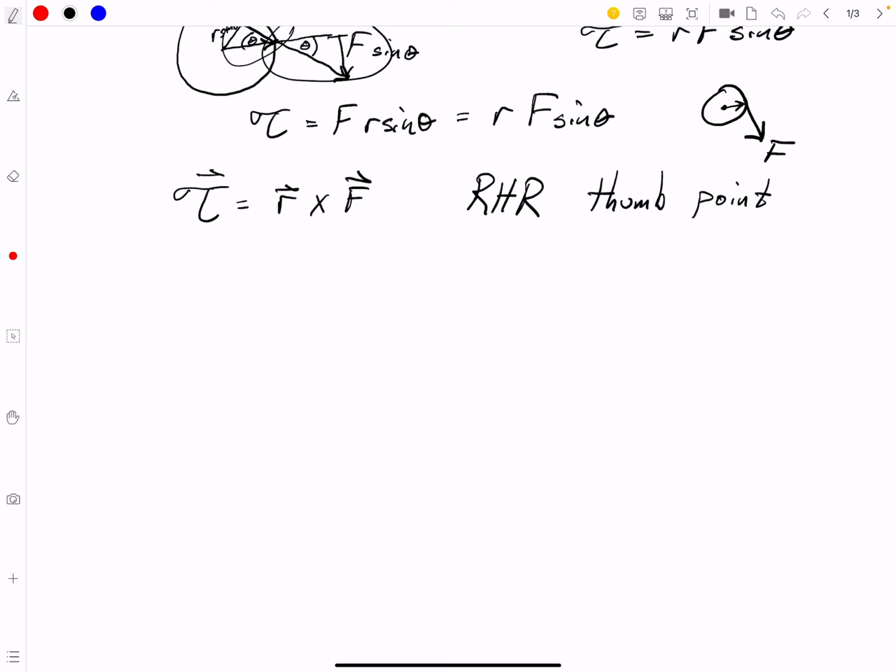If you hold your hand up, put your fingers along R, and then curl them towards F, your thumb points into the page. And sure enough, that is the direction for the torque.